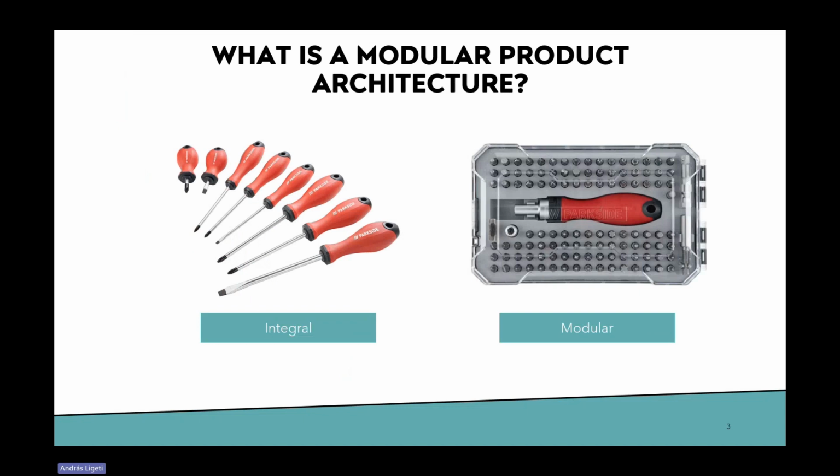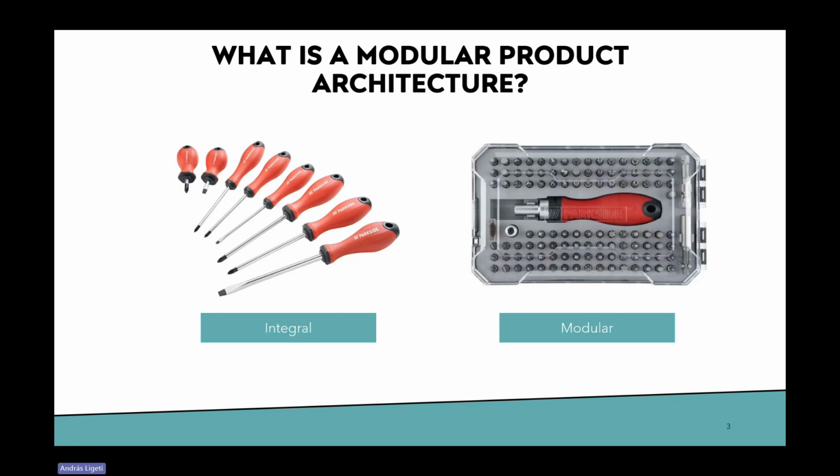So the first question: what is a modular product architecture? Here in this picture, you see two products. One is an integral product, and the second one is a modular product. They both have the same functions, but the product architecture is different. If you have an integral product, then the functions and the components have a one-to-one mapping.